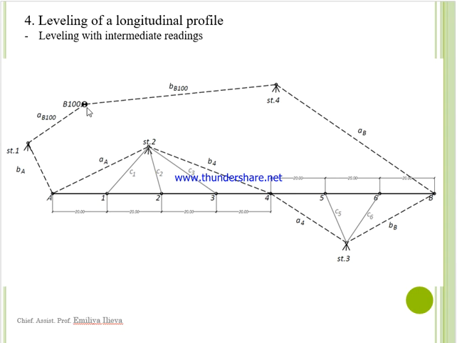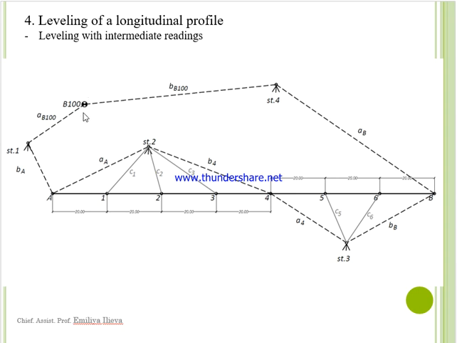And you know, when we do leveling line, we need to start with backside reading. Here is the first station of the level instrument. So the first thing we need to make a backside reading to the benchmark 100.